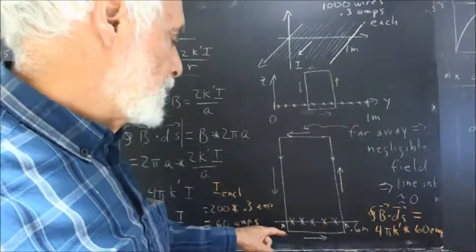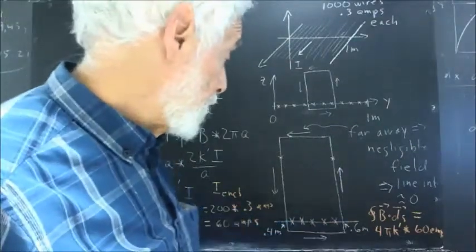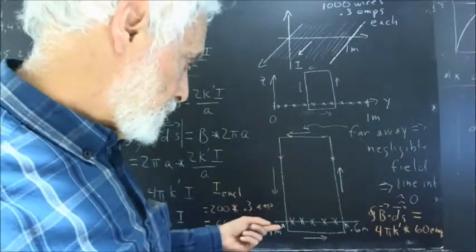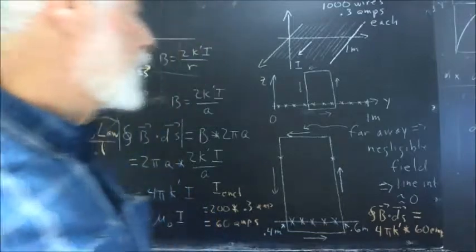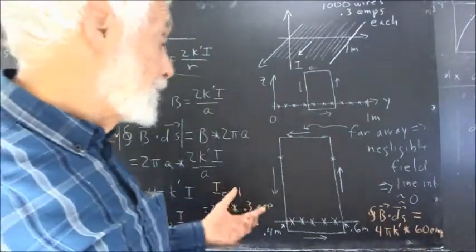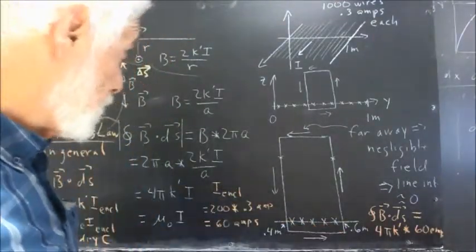And we're going to make an argument that says, well, the magnetic field is in the same direction as the line and is constant, okay, or very nearly constant.